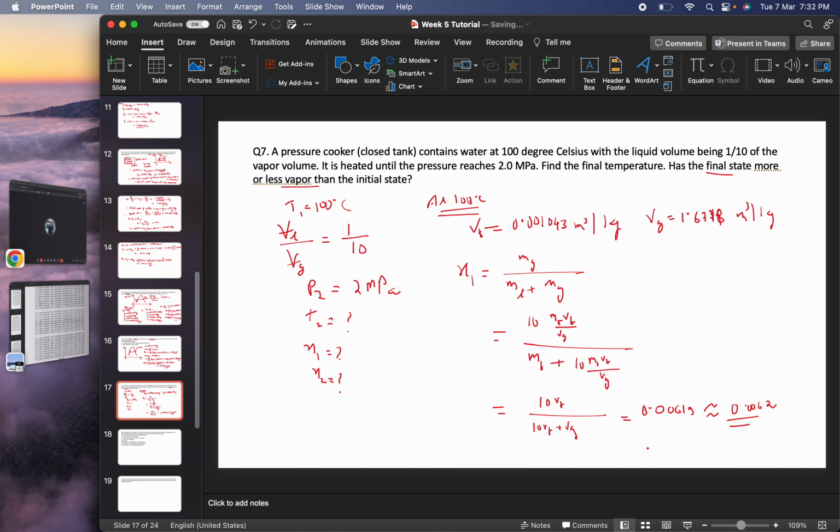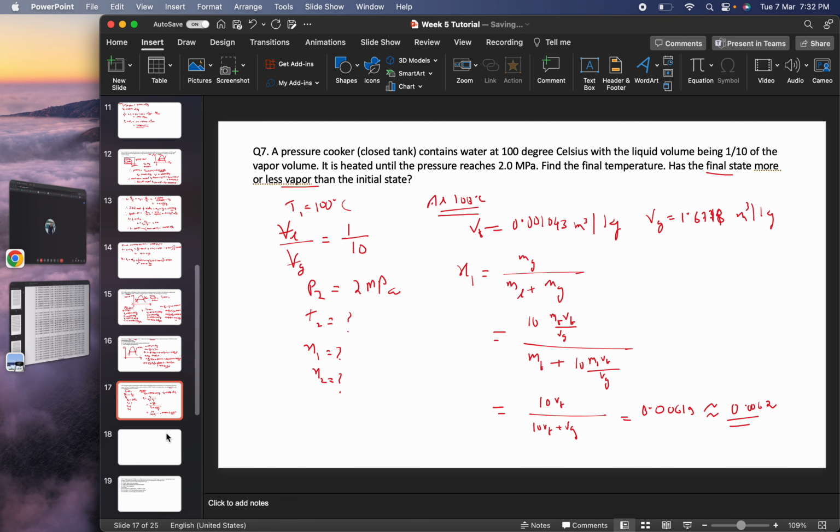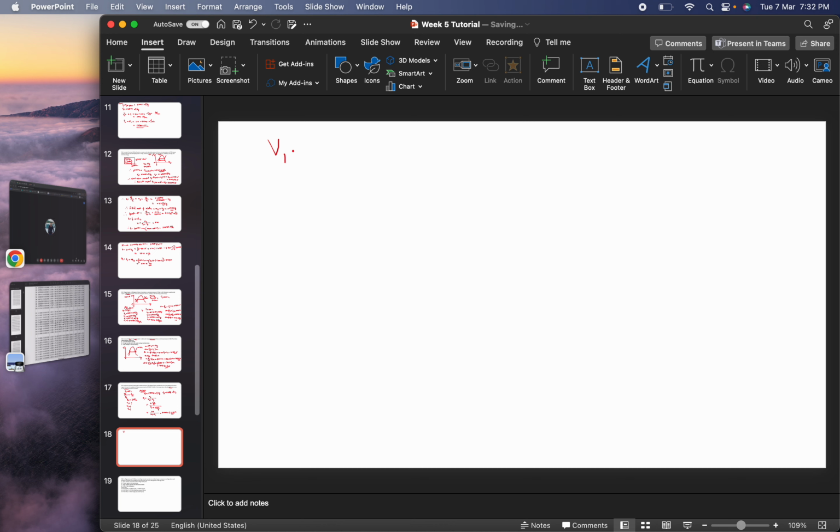Okay, this is your initial dryness fraction. Now if this is your initial dryness fraction, then we can calculate your initial volume. So my V1 will be basically Vf plus x times Vfg, is not it?